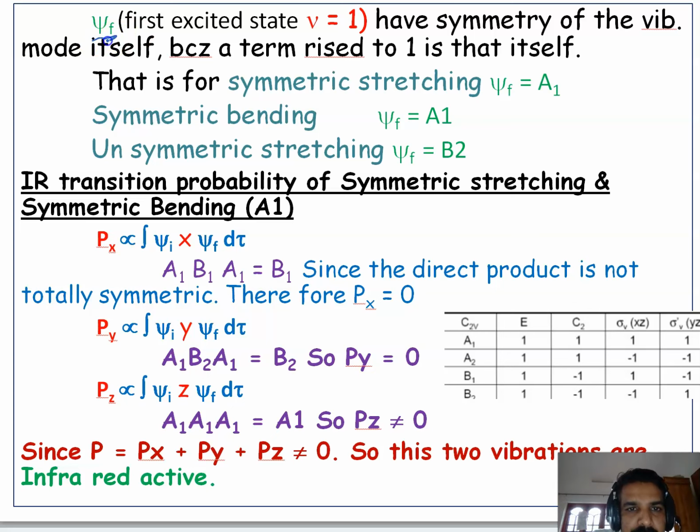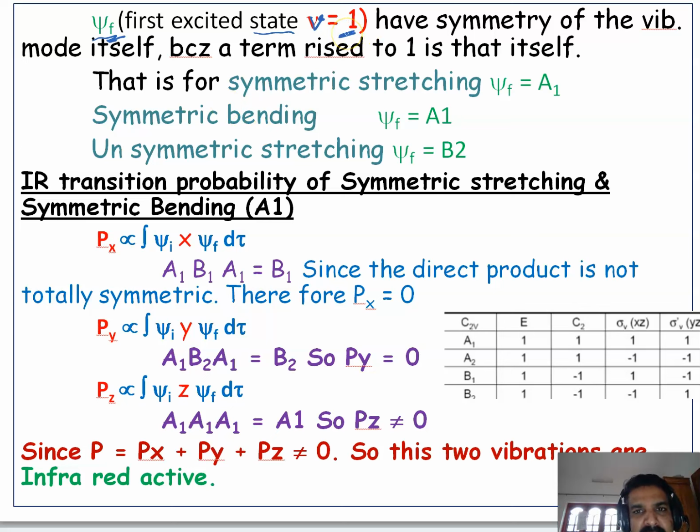And psi f is the first excited state, v equal to 1. I told you that in vibrational spectroscopy the transition is always from v equal to 0 to v equal to 1, that is, from the ground level to the first excited level.